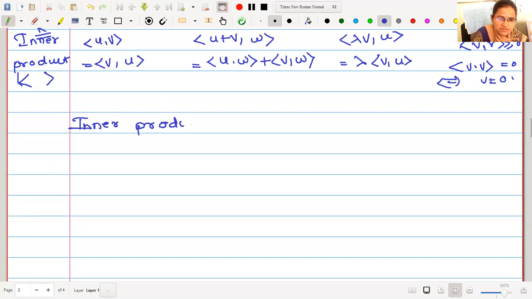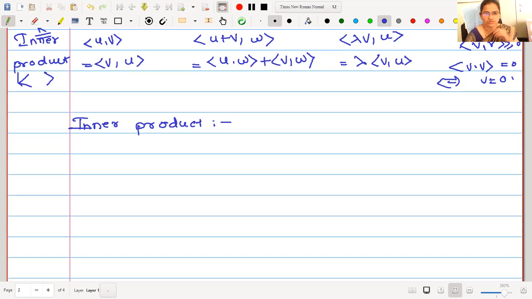As in Banach spaces we extended the metric to the norm, in Hilbert spaces we are extending the dot product to the inner product. If I want to tell you what an inner product is, it is the generalization of the dot product. In vector spaces, it is a way to multiply vectors together with the result of this multiplication being a scalar.